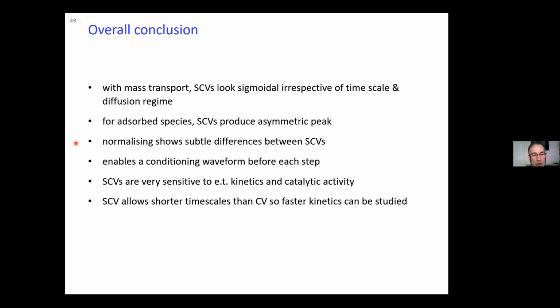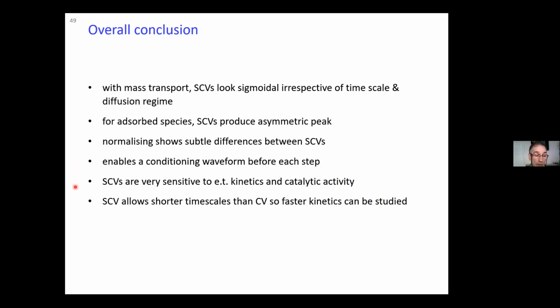kinetic limitations. The interesting approach here is that you can embed a conditioning waveform before each potential step. We've used an electrochemical conditioning waveform, but there is no reason why you couldn't use an optical waveform, for example. You could irradiate the electrode surface with a laser, for example, and have a different way of conditioning the electrode if you wanted.